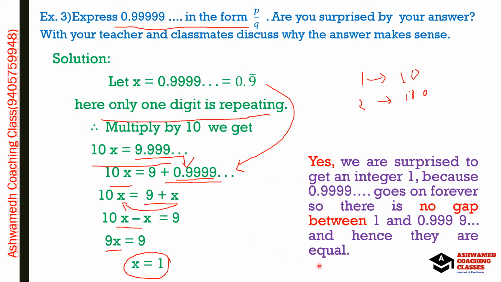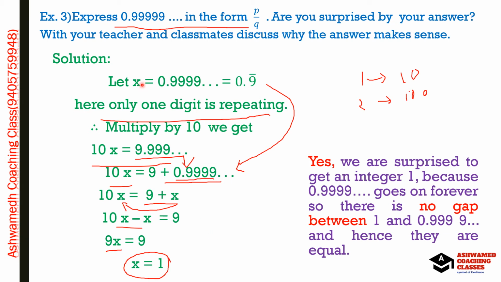We are surprised to get the integer 1, because 0.9999 goes on forever, there is no end for this 9. If the 9 goes forever, there is no gap between 1 and 0.9999, isn't it? So they are the same, and hence the answer is 1.